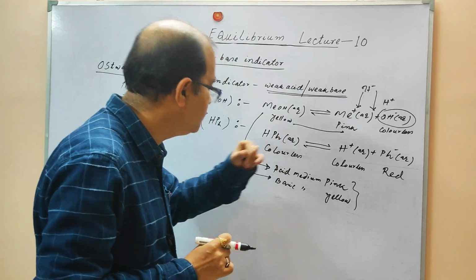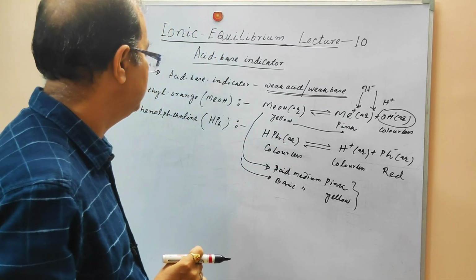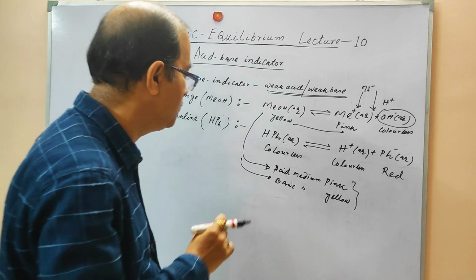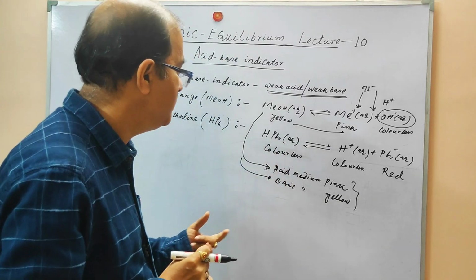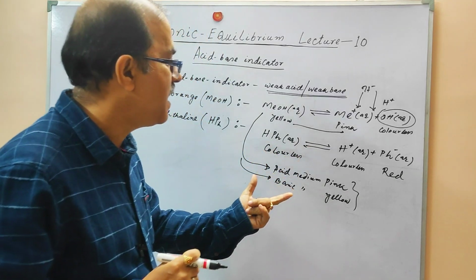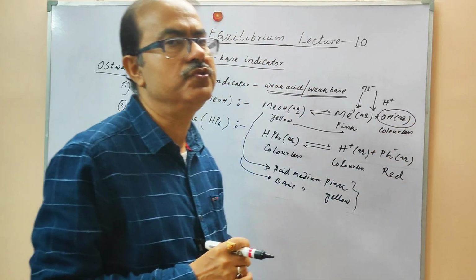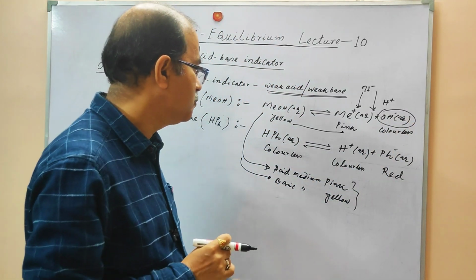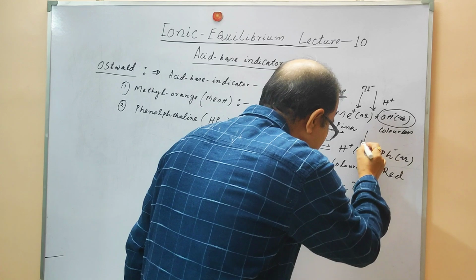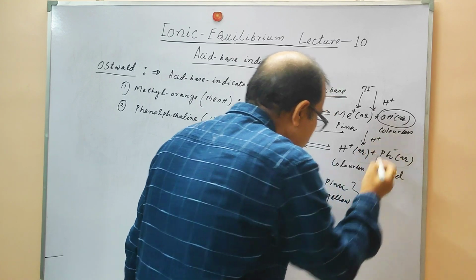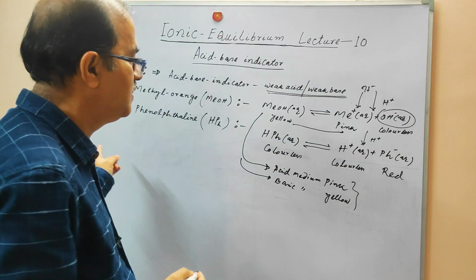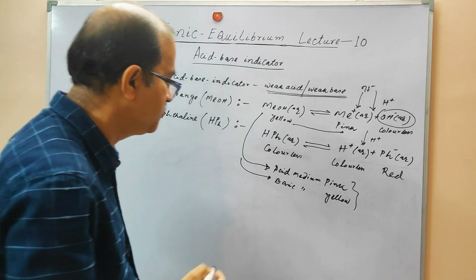Similarly, in the case of phenolphthalein, you can see this type of trend. It is basically colorless, and when dissociated, its anions will give the red color. So when we put in H plus ion, what is going to happen? The reaction will go in the reverse direction.